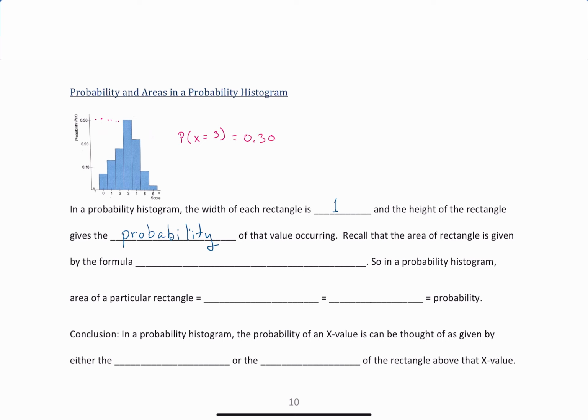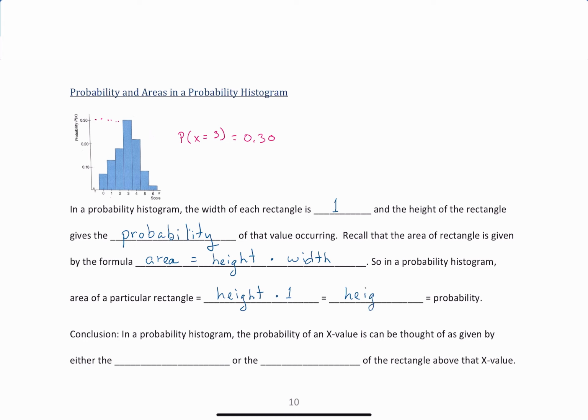And you can see that all the widths are 1. Now let's recall that the area of a rectangle is given by the formula area equals height times width. So if we apply that to a probability histogram, the area of a particular rectangle is the height times the width, but the width is 1 in a probability histogram, and so the area works out to be the height, right?